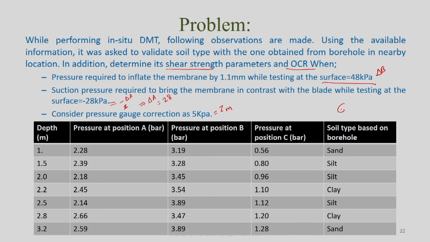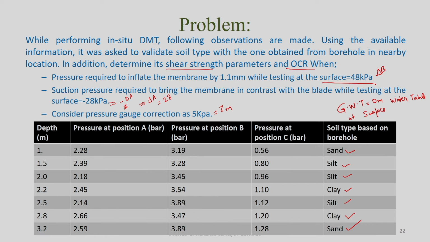One thing we can assume here is that the depth of the groundwater table is 0 meter, that is, the water table is at the surface. This is the information available to you from your site of interest based on the borehole, and these are the soil types given at different depths.